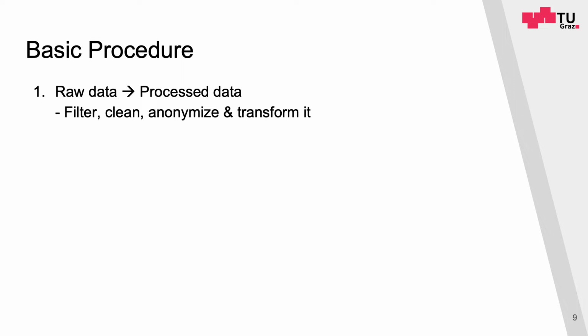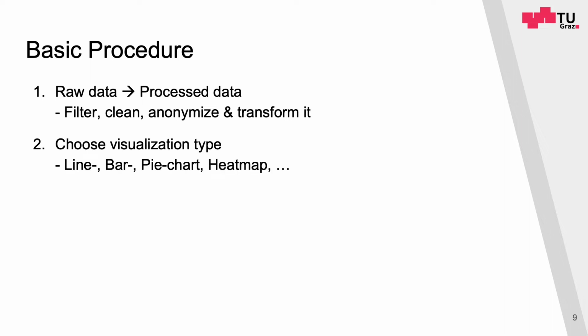So, how does the basic procedure of data visualization look like? First, we need to get from the raw data to the processed data. To do so, we need to perform the first 3 steps in our data analysis pipeline, namely filtering, cleaning, anonymizing, and transforming our data. After that, we can continue with the second step, which is choosing a visualization type.